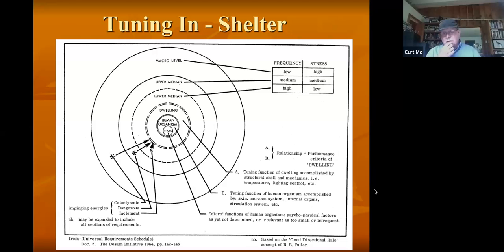Within the dwelling is the human organism, and within the human organism are the microscopic bugs, I suppose, that are in my digestive system. And then there are things outside that are slower. He has a nice list of all the things that a shelter does to protect you against and to create that safe environment, and you can see some of those things in this. So this is how Bucky said we should start.